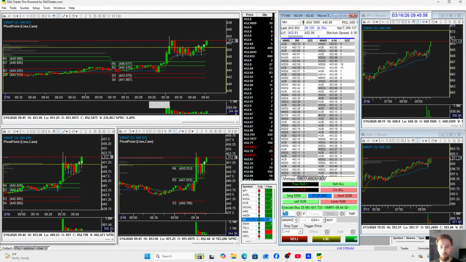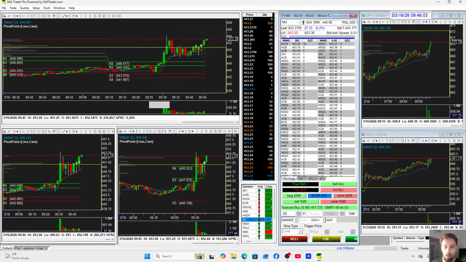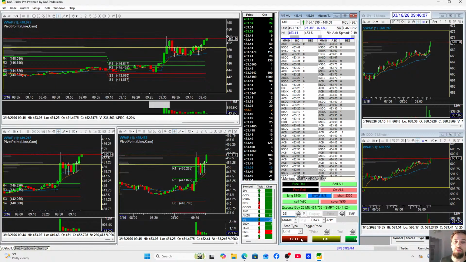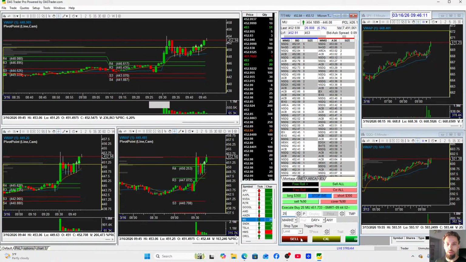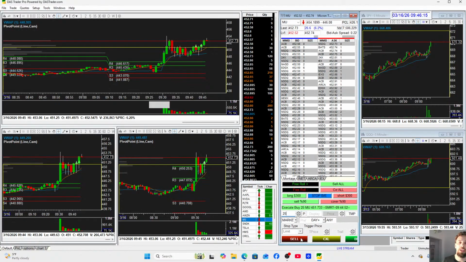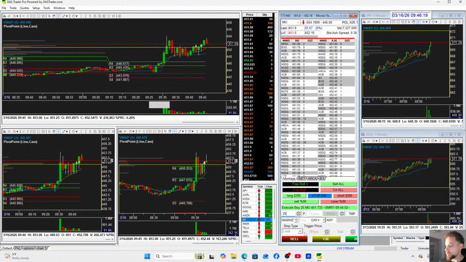I'll probably take off the 25 shares, that little extra cheese I added to the position, at 455. I'll sell 25 shares. That'll leave me with 100 shares. Trying to maximize these wins if it works out. So, 2-minute chart here.